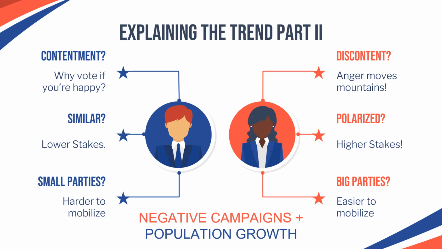The second major factor is population growth. As it turns out, it's a lot harder to get 10% of 100 people to participate than 10% of 10, or to get 10% of 1,000 as compared to 10% of 1,000,000. If you need to get 10% of 1,000 people to show up and participate in an election, well, that means you need to go out and find 100 people.